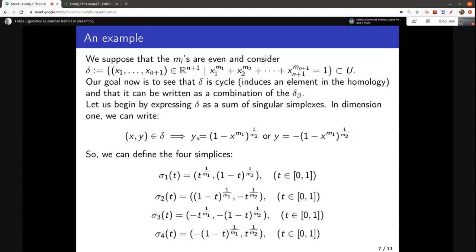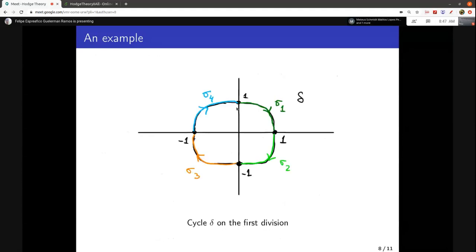We just isolate y. And then, of course, if we put t to the 1 over m1 here, we are going to get exactly y to be 1 minus t over 1 of m2. And then we can just consider the sign changes we have on both coordinates. So what we get is exactly this.